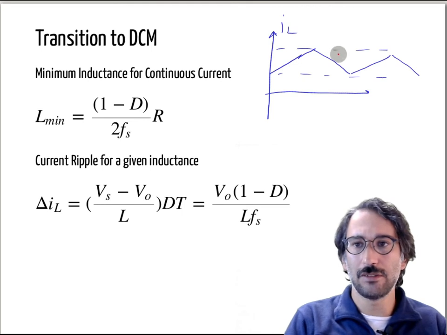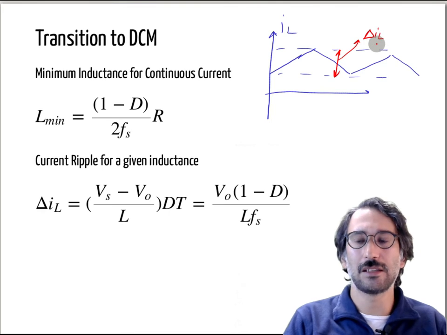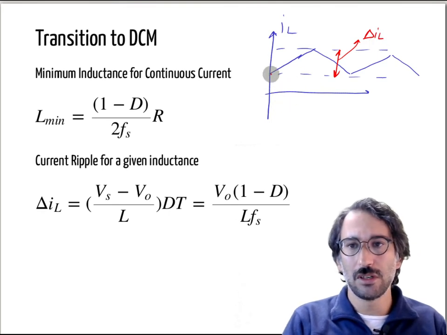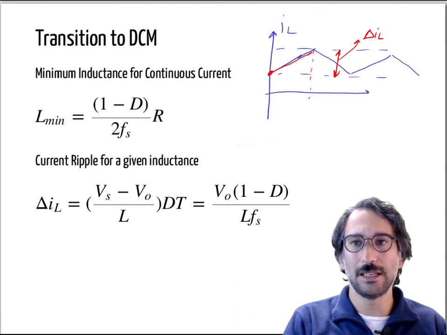So you can have that inductor ripple. So how can you calculate that? You can either use the charging or discharging. So let's use the charging one. I would like to see what the ripple in IL is.